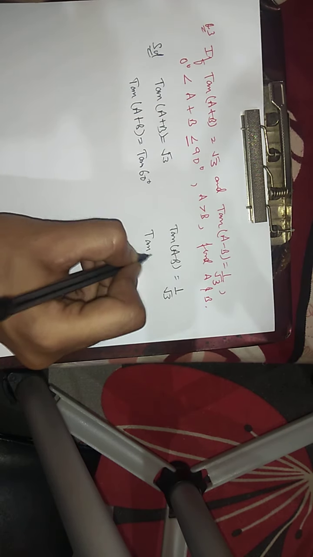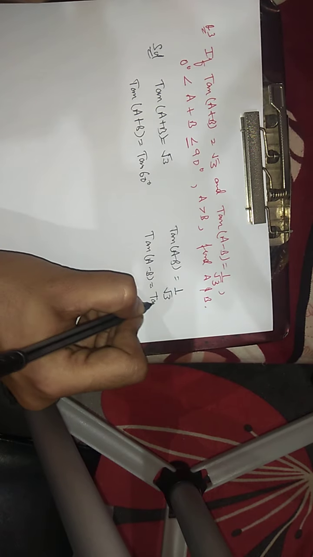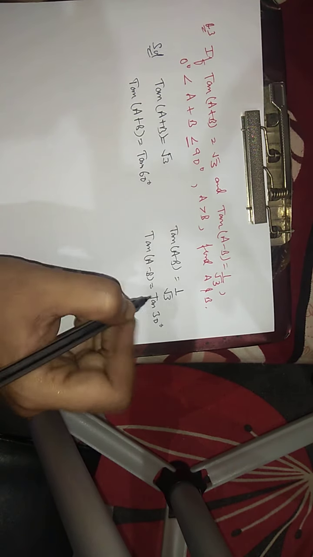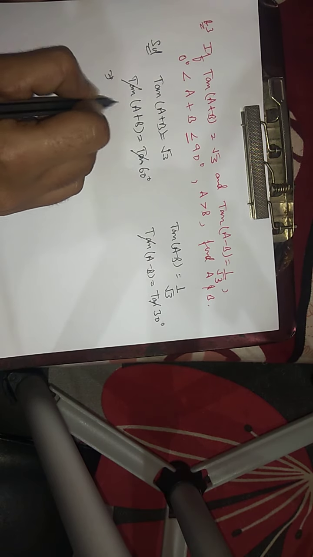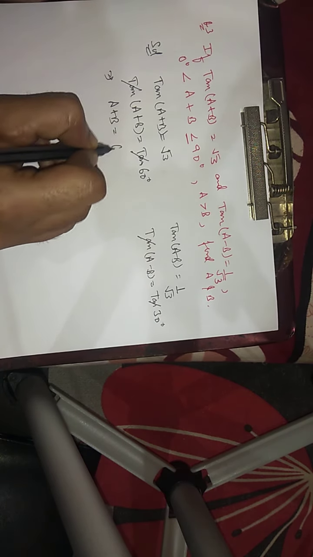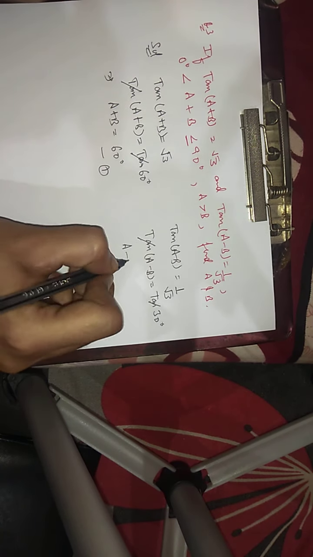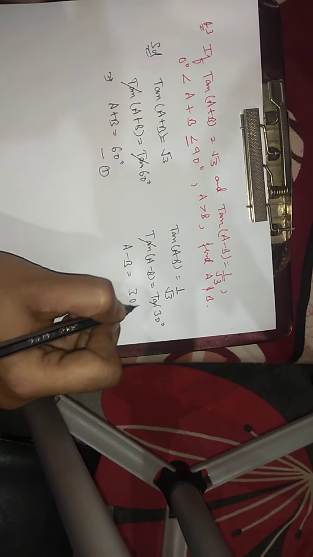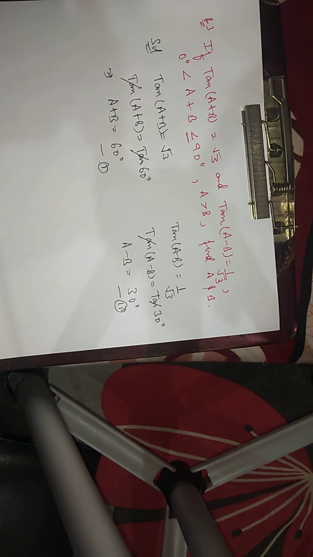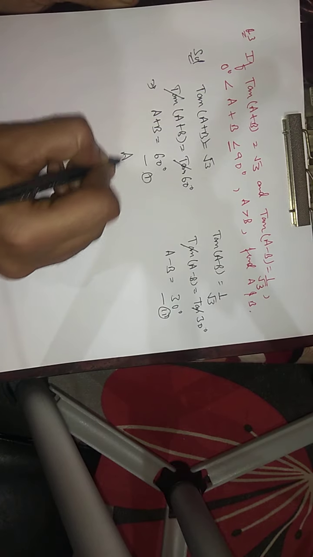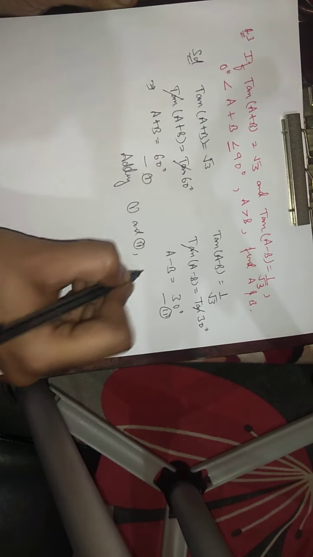In the same way, tan is 1 upon under root 3 at 30, so it's tan 30. Tan cancels, it gives a plus b is equal to 60 degree. Let us consider it as equation number 1, and a minus b is equal to 30 degree, equation number 2. Now let us add first and second. Adding first and second, what do we get?